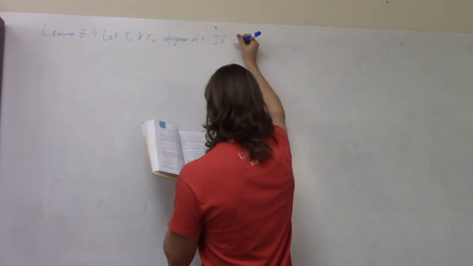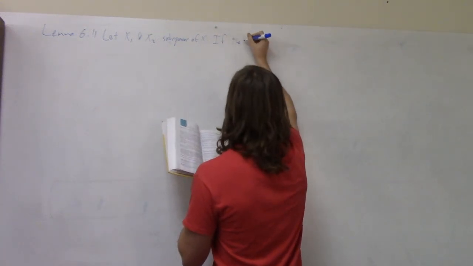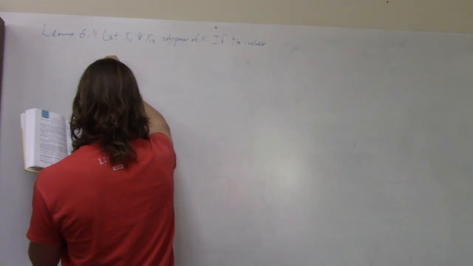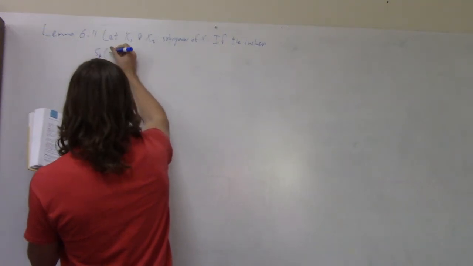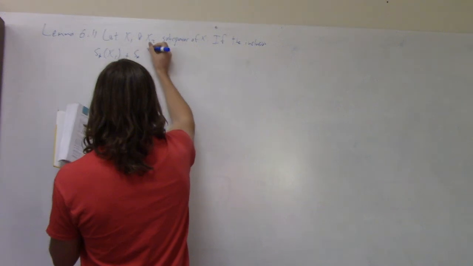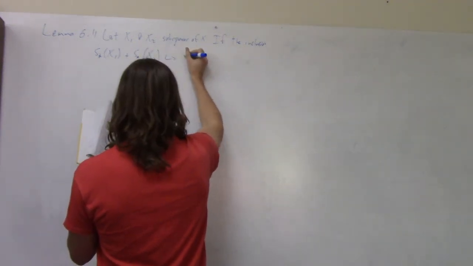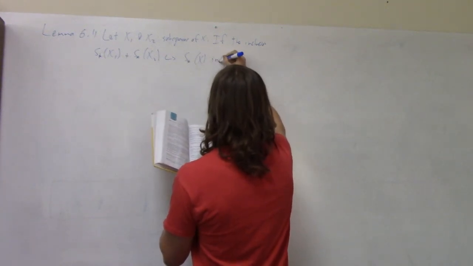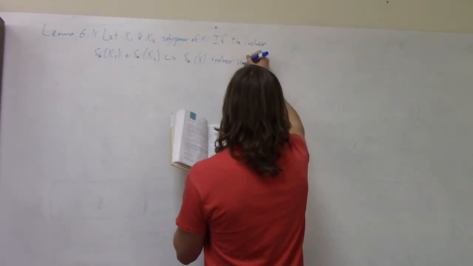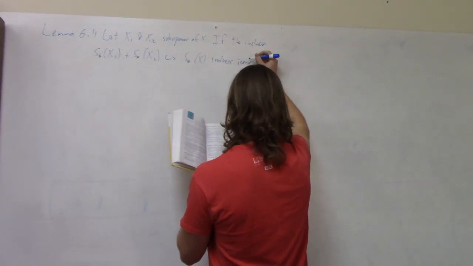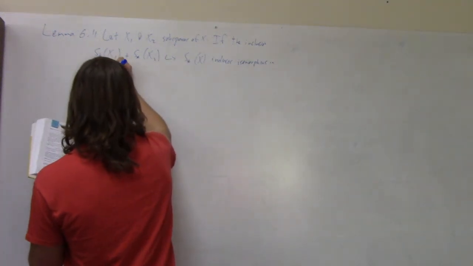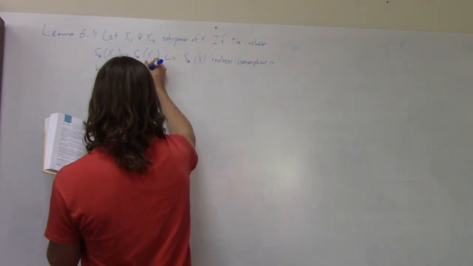If the inclusion, maybe it's j, the map from S star of x1 plus S star of x2 into S star of x induces isomorphisms in homology, then excision holds.